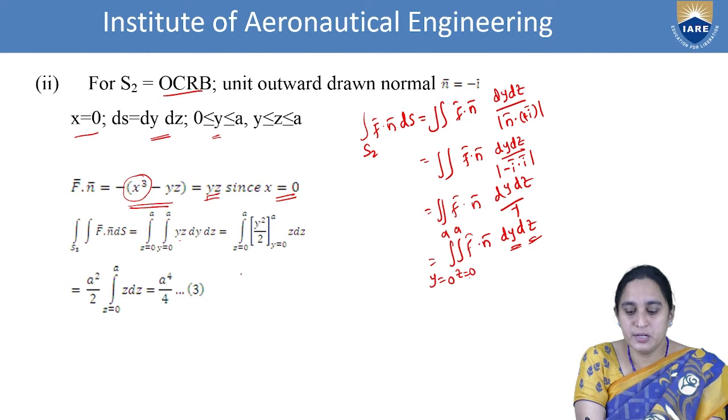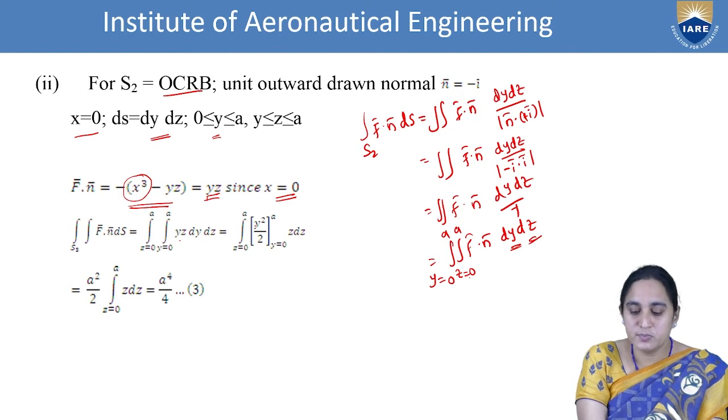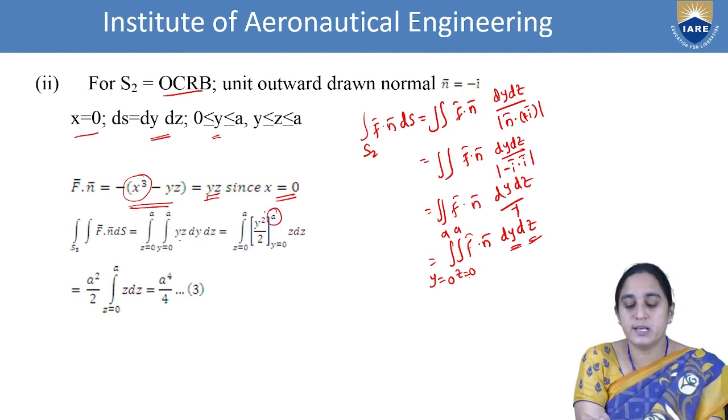Now first integrate with respect to y. The integration of y is y square by 2, limit points y is 0 to a, times z dz, integral z from 0 to a. Now after the integration of y, substitute the y limit points: upper limit a, substituting there gives a square by 2, lower limit 0. Directly we get a square by 2, and after substituting the limits, we integrate with respect to z.